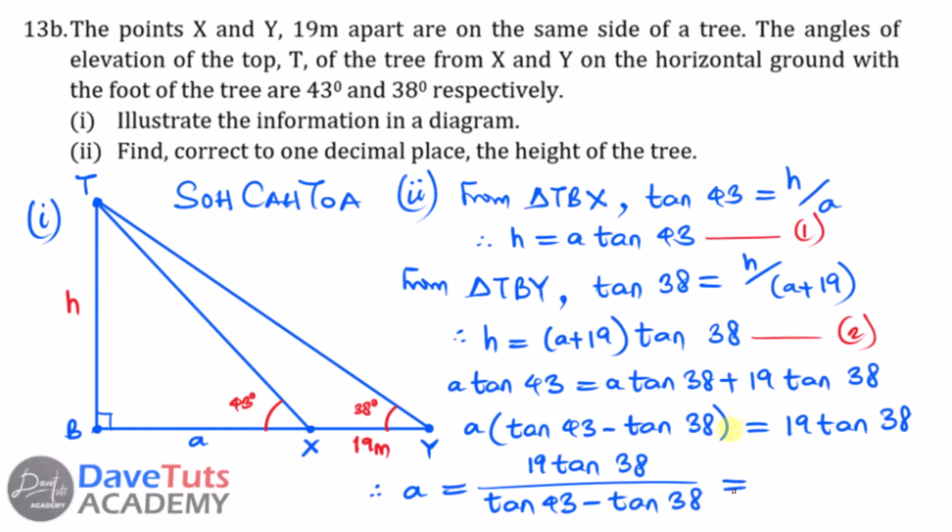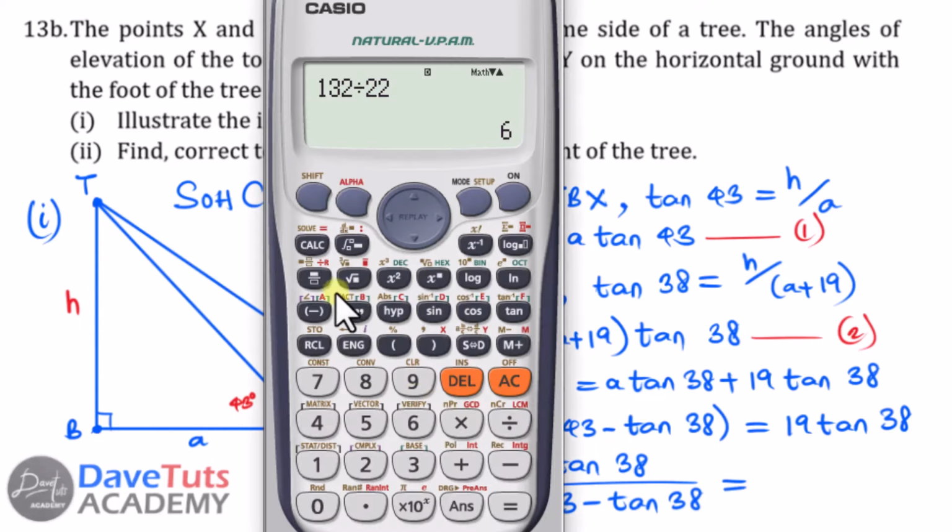So I can input this in the calculator to find the value of the distance between the base of the tree and point x. Let me use a fraction so that I will not get confused: 19 tan 38 is the numerator, and the denominator is tan 43 minus tan 38.